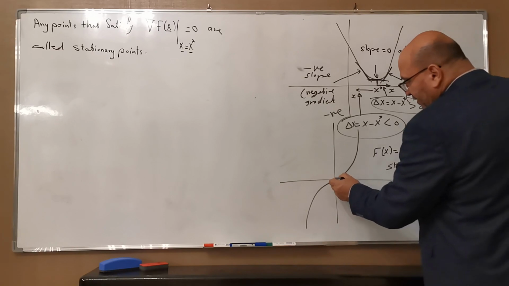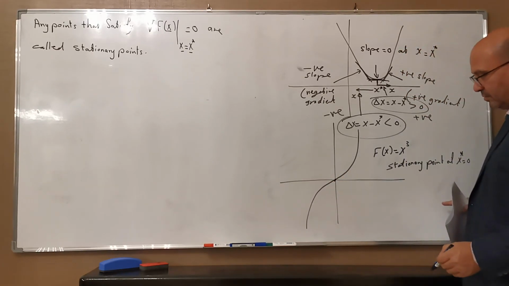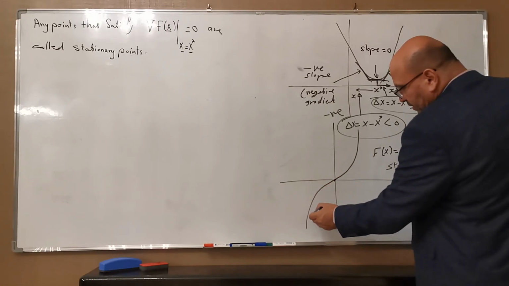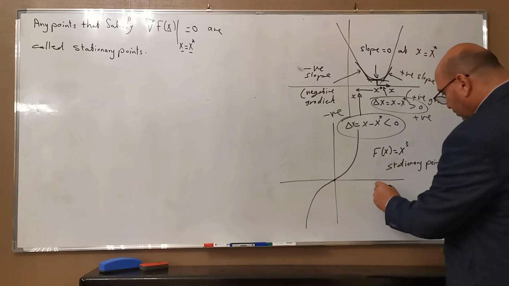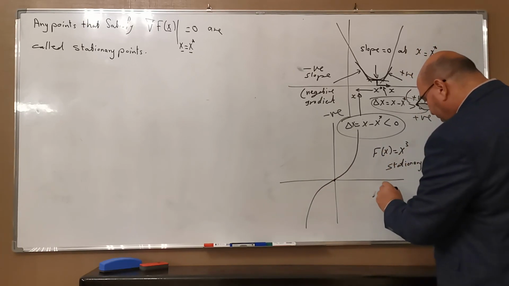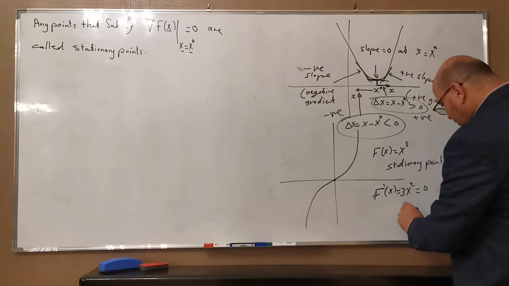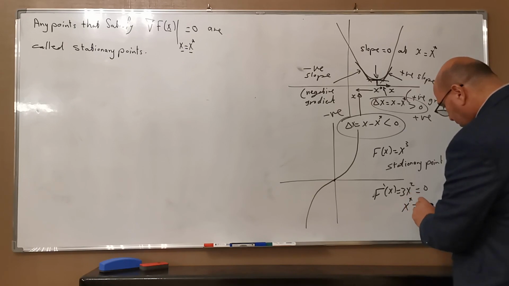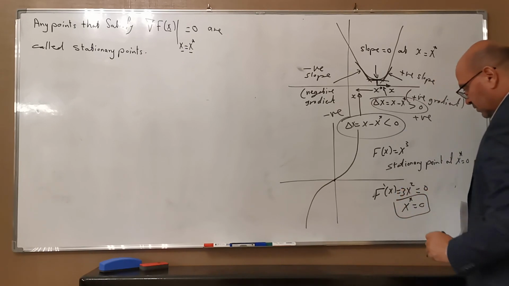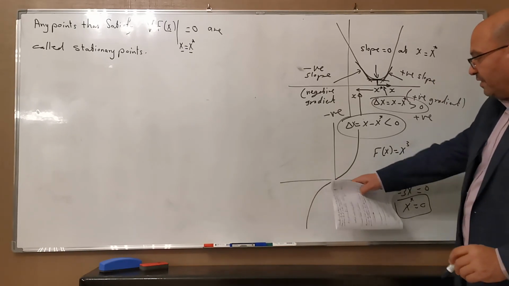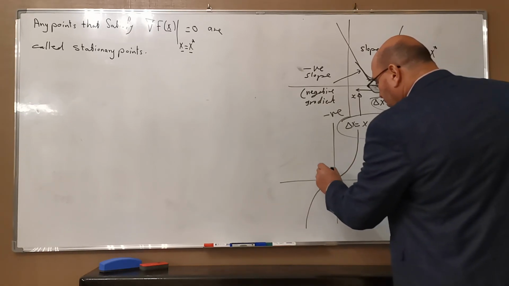Actually, it's not a minimum. You have values below, values above. If you do the gradient, f prime of x equals 3x squared equals 0, then x star equals 0. And this is an inflection point.